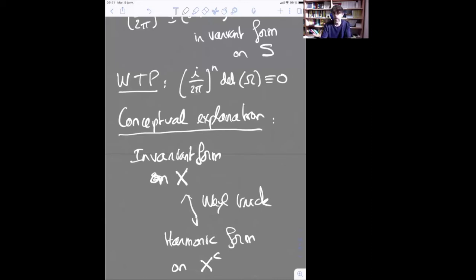The invariant forms on X correspond to the harmonic forms on the compact dual of X.